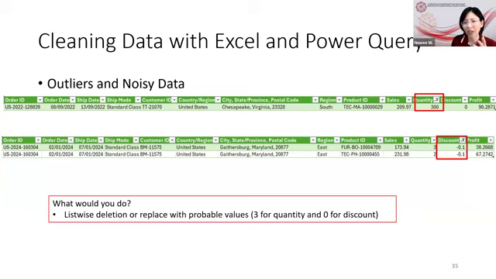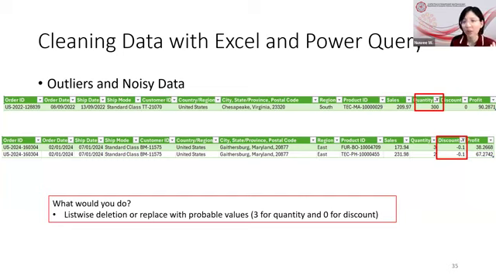So it should be something that is considered noise or outliers. It could probably be a typo, right? Actually, they wanted to type 3, but they added extra 00.